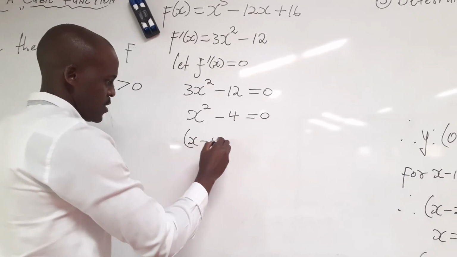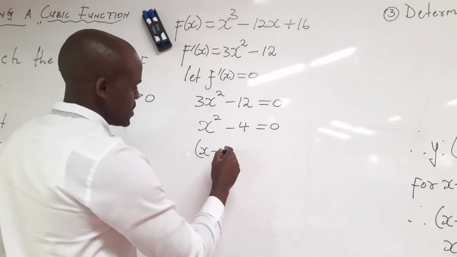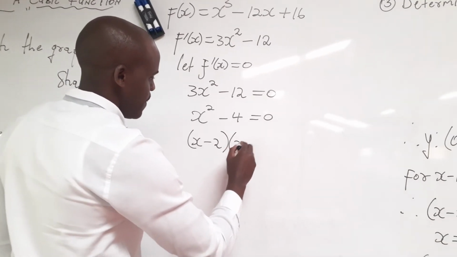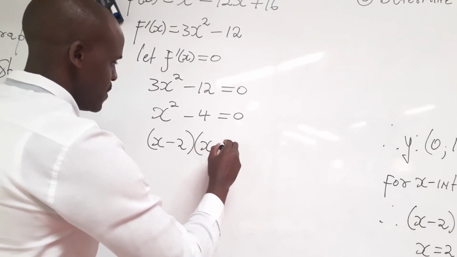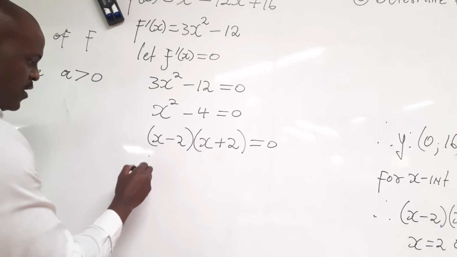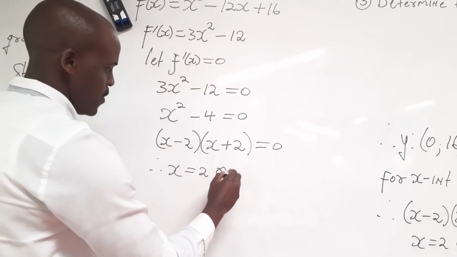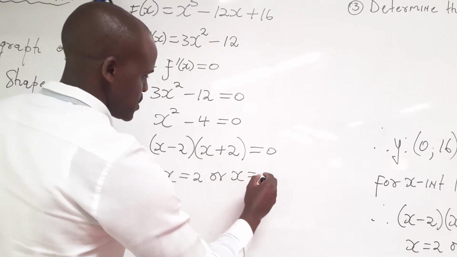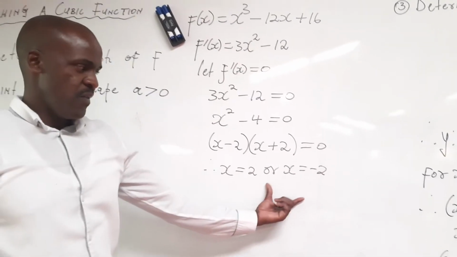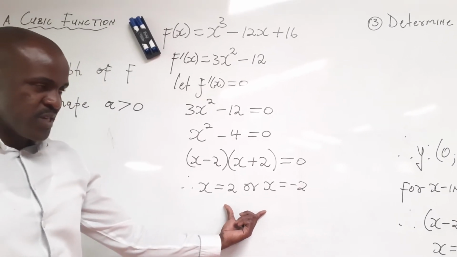It's x minus 2 into x plus 2. The difference of 2 squares. Therefore, x is equal to 2 or x equals negative 2. These are the values of x at the turning point.